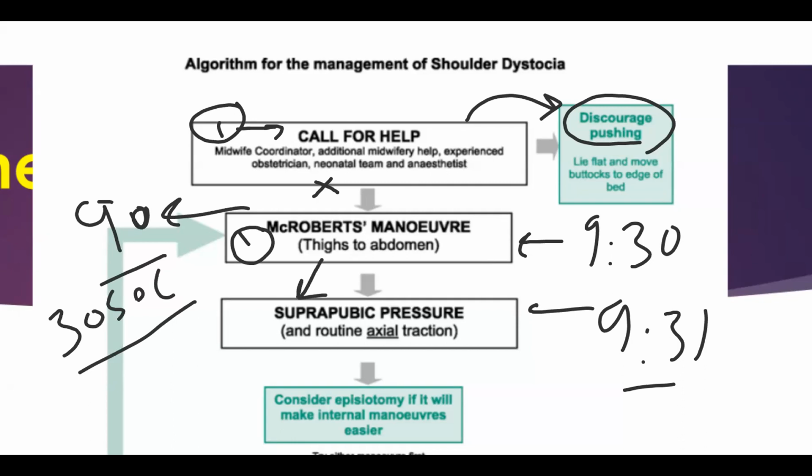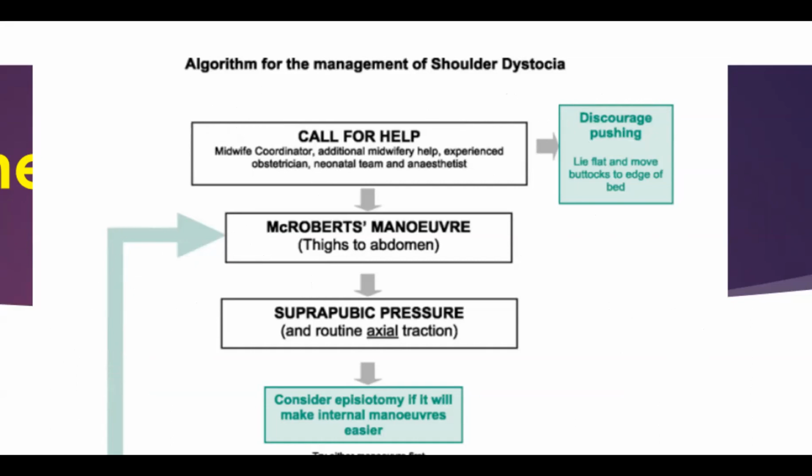The second maneuver will be suprapubic pressure with the McRoberts. So together, the success rate here is 97%. And I will ask the assistant just to make the suprapubic pressure for me. Ask the woman every now and then, don't push.